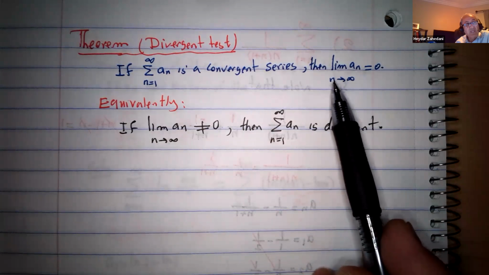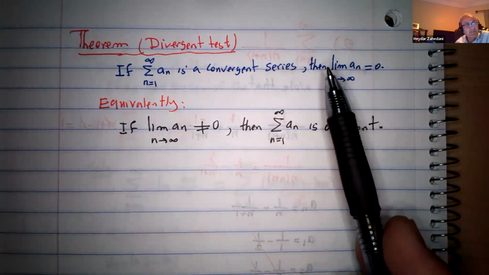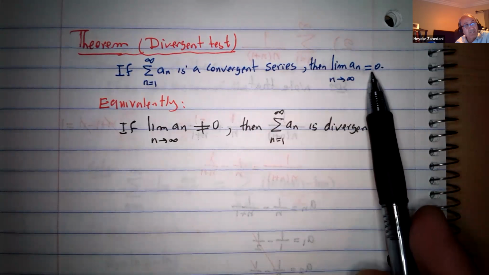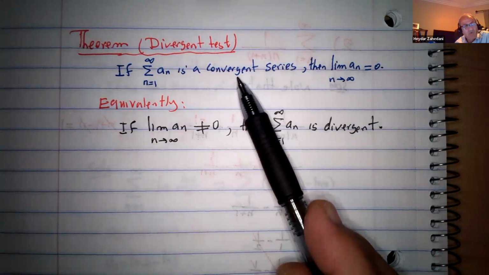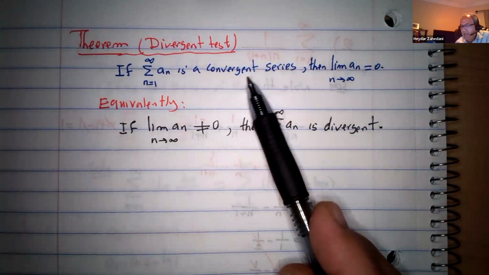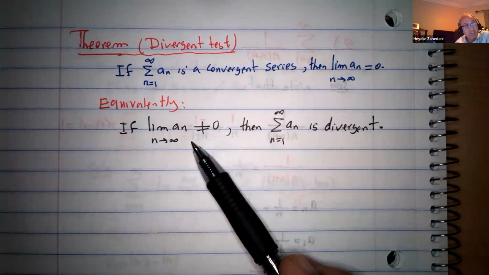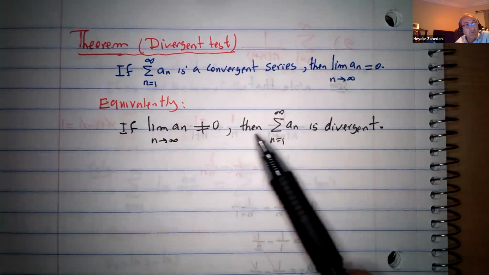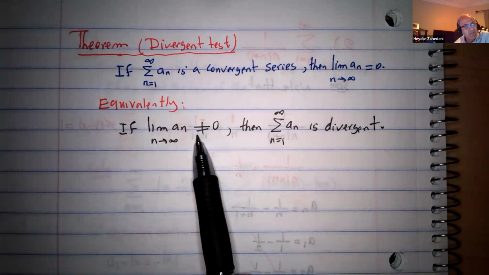If the limit of an is equal to 0, go and check another test, because if it's 0, the series can be convergent or can be divergent. But if it is not 0, you are lucky. The series is divergent. Don't waste your time. That's why I recommend checking this one all the time.